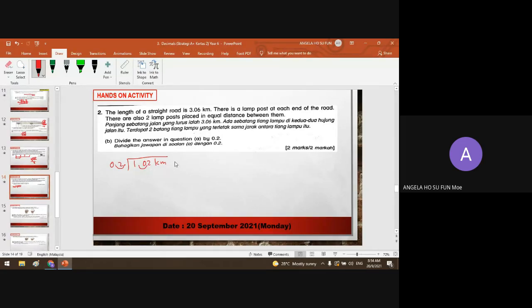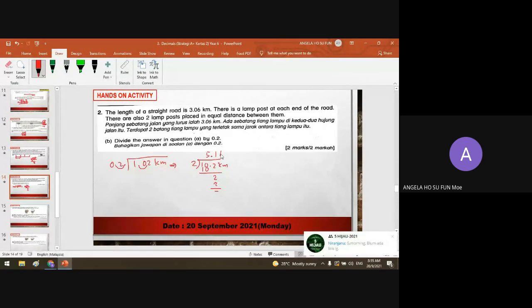So now this will become like this. Since the decimal point shifts to the back of 0, this will become 10.2 kilometer. And this 0.2, when you shift the decimal point to the back, becomes 2, so it is already a whole number. So 2 times 5 is 10, right? Remain 2, decimal point added on, 2 times 1 is 2, right?